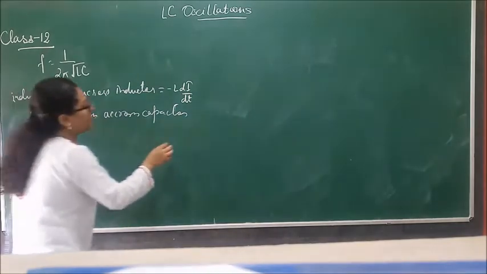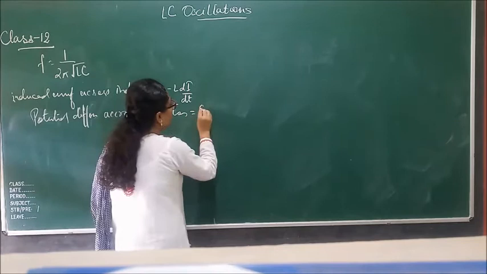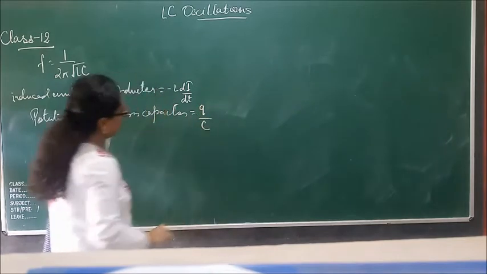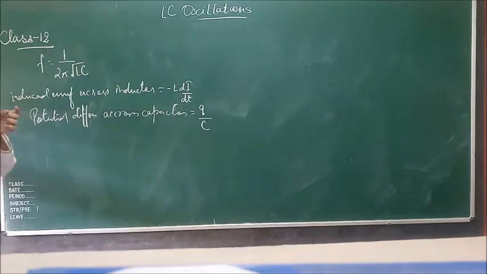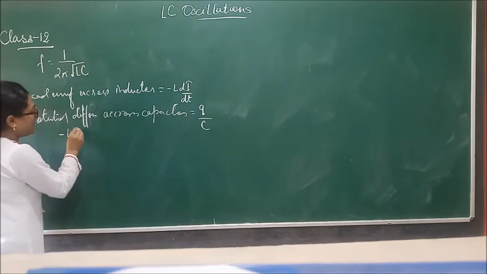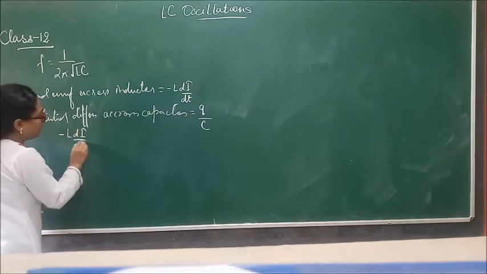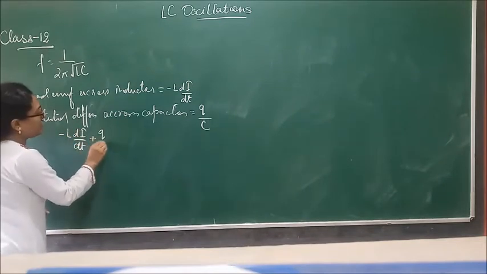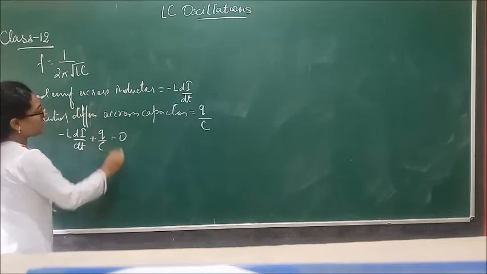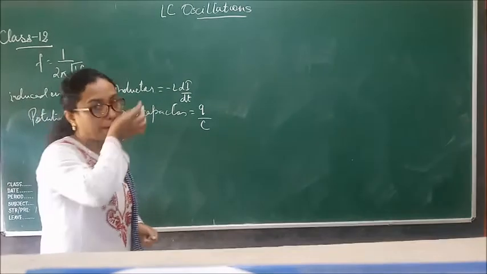Okay, students, that will be Q by C. Okay, Q by C. So after adding this, you can see now, copy it. After adding this, minus L di by dt plus Q by C is equal to 0.